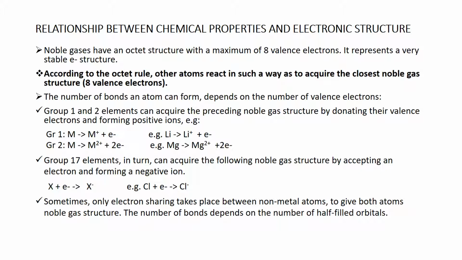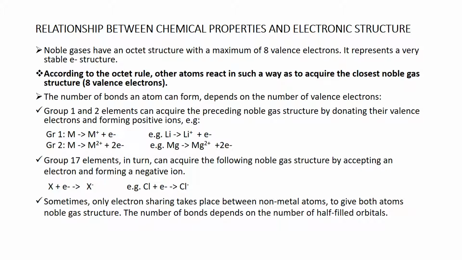That is why lithium prefers to lose one electron so that it can acquire the structure of helium, and also magnesium prefers to lose 2 electrons so that it can acquire the structure of neon, which is the closest noble gas to it. In the group 17 elements, they can acquire the structure of the following noble gas.